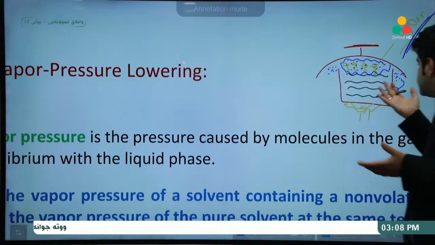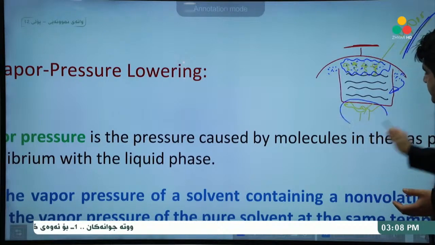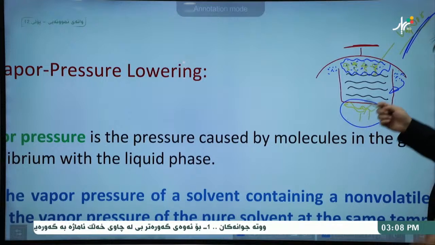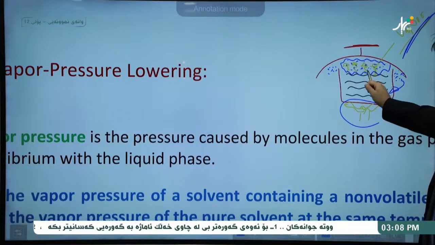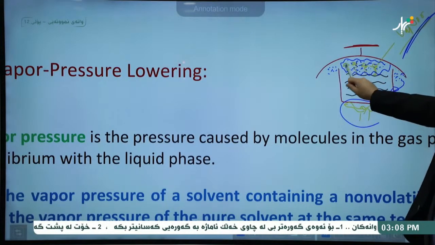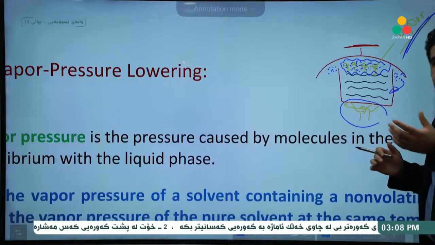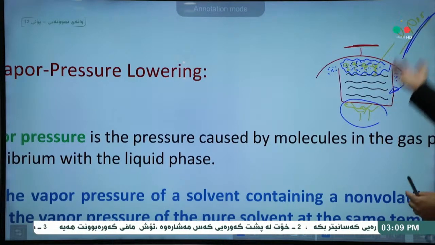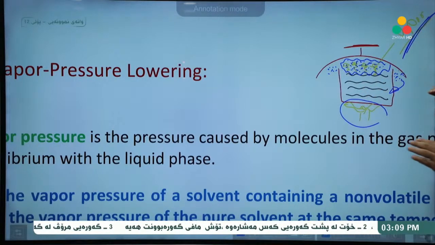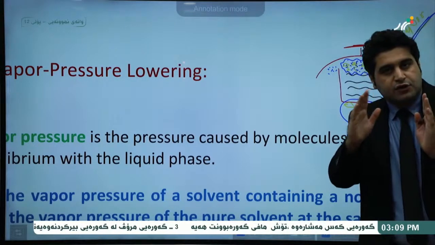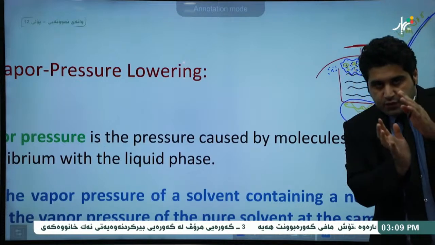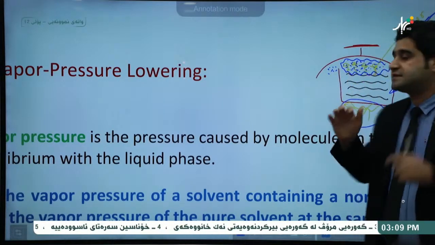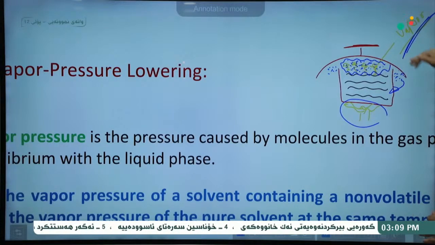So the first step, we heat the beaker, and then the liquid begins to vaporize, and the vapor molecules here will increase until we have enough pressure that cannot receive more vapor. In that case, the amount of new vapor molecules is balanced by the same number of molecules becoming liquid.